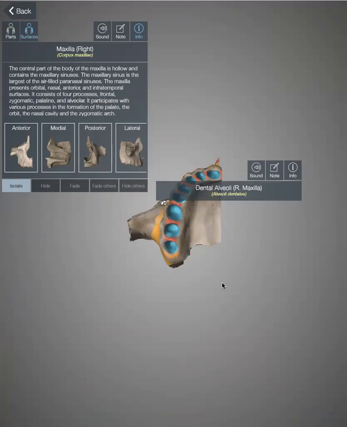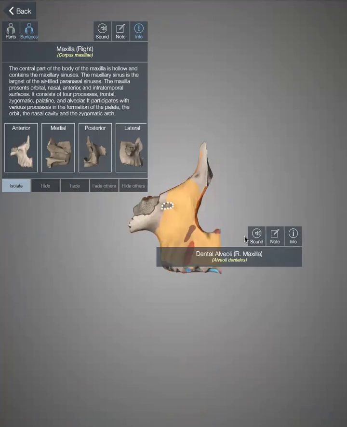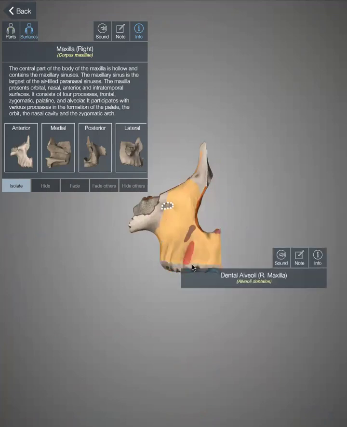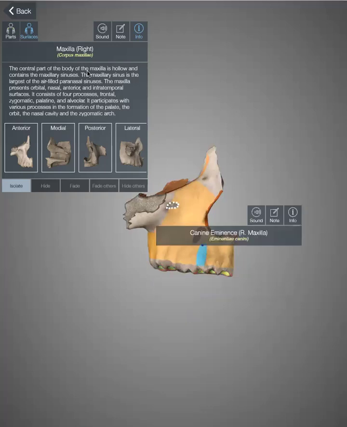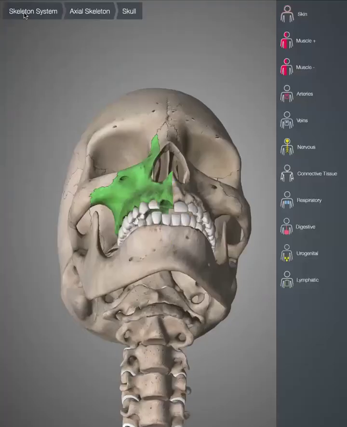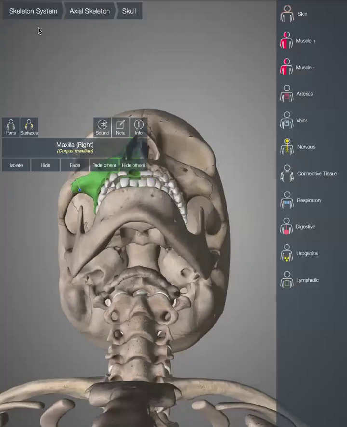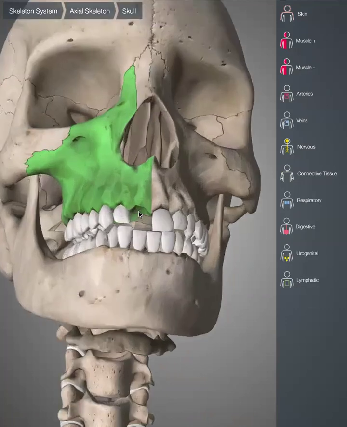They're connected to the bone by something called the suspensory periodontal ligament. There's a ligament between the teeth and the bone that connects them.